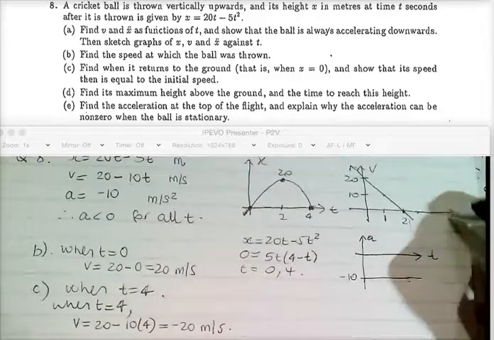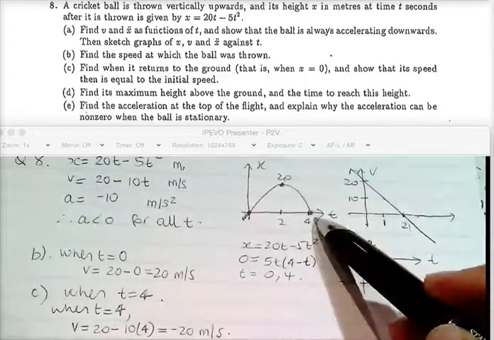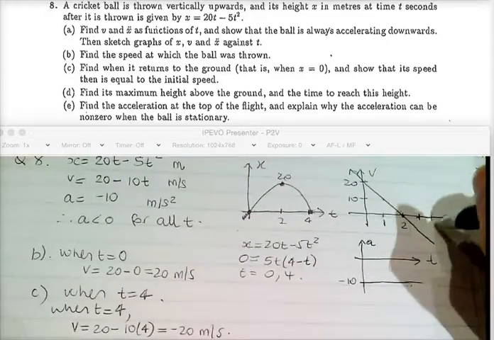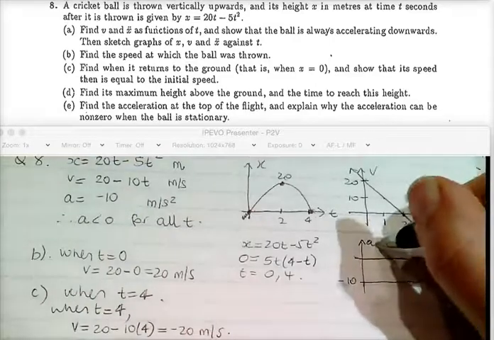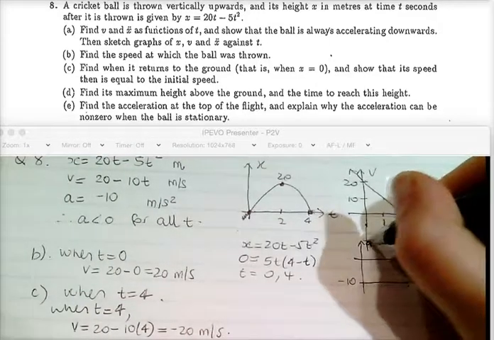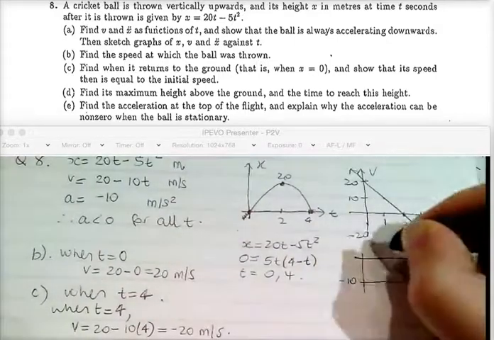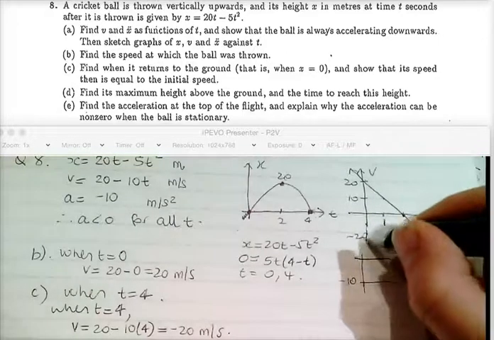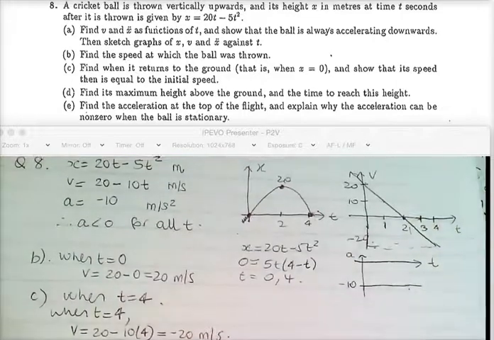So what I haven't done here is, if you look at the graphs, the particle is in the air for 4 seconds. So this should have been continued on for 4 seconds. And the velocity down here, sorry, it's not really to scale, but this will be at negative 20. It should have been a bit lower, and this is my acceleration there, that other graph.